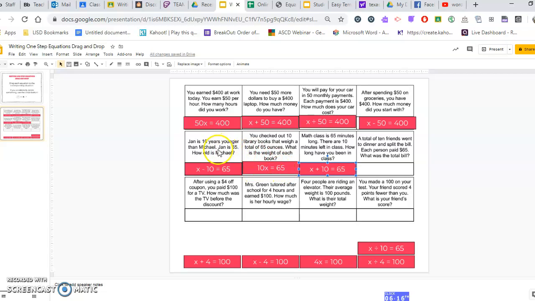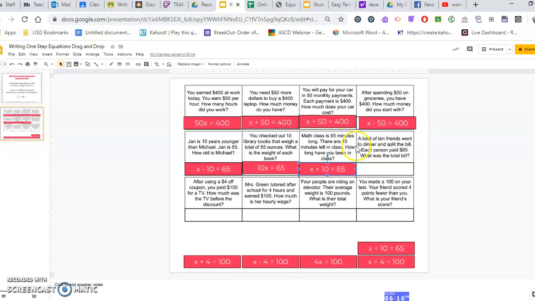On this one, if Jan was 10 years younger, then to get Michael's age, we would have added 10, but there wasn't an answer choice adding 10 to 65, so we had to reverse it and subtract 10 from the unknown age. Okay, so notice it's opposite each time of maybe your first thought.